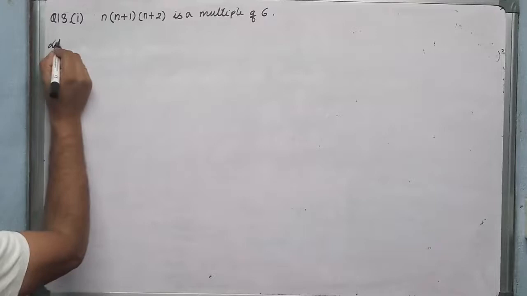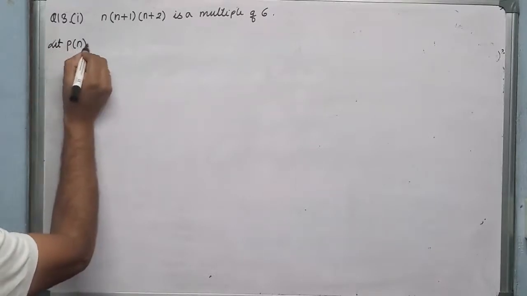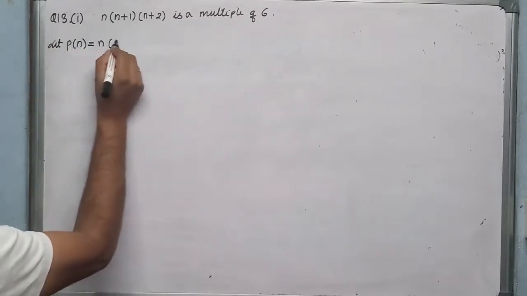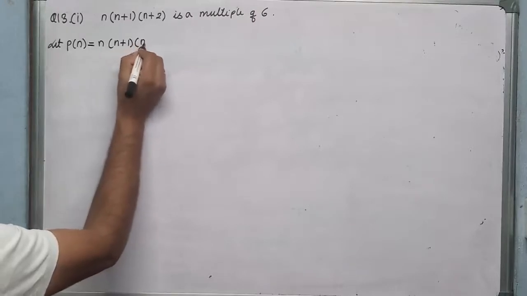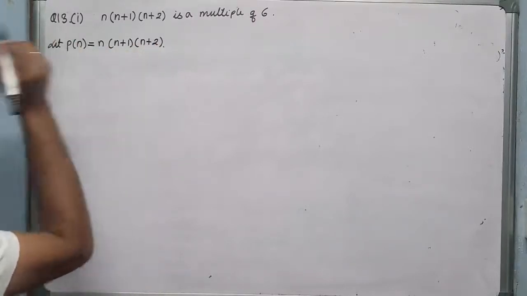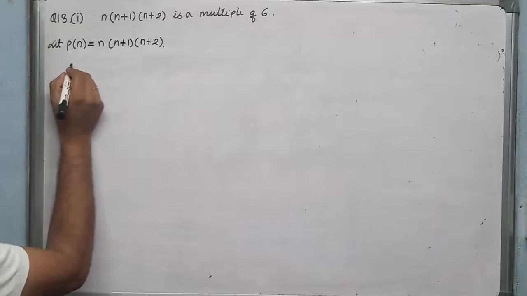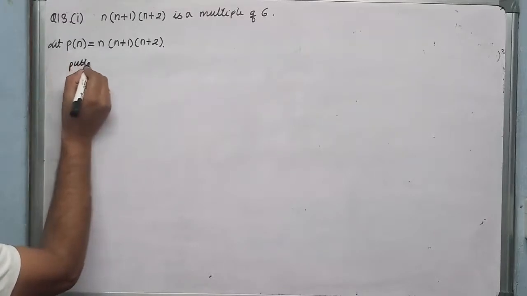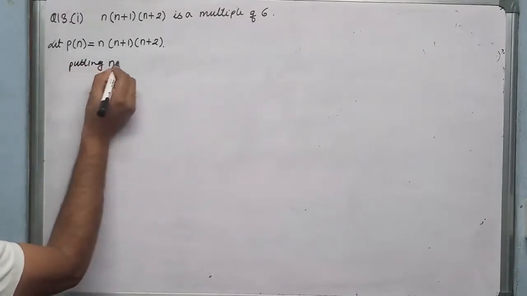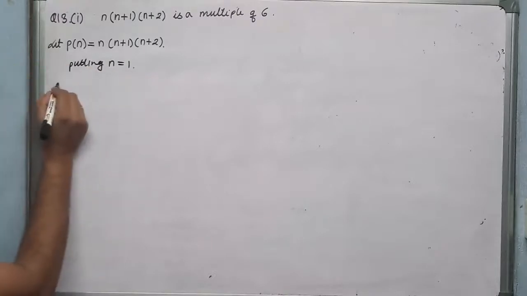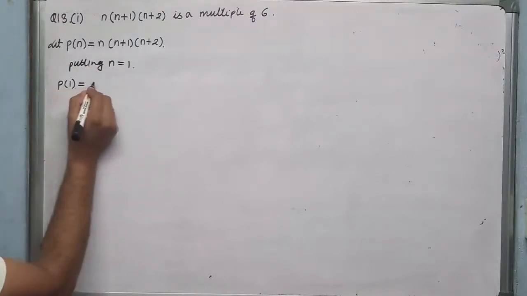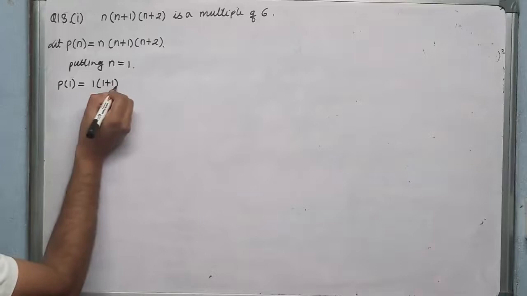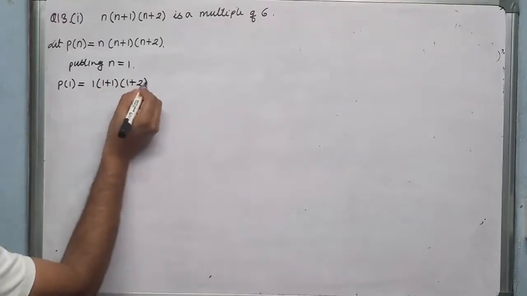Now I'll consider that Pn is equal to n plus 1 into n plus 2. Now the first step that I'll apply over here, putting n is equal to 1. Then P1 is equal to 1 plus 1 into 1 plus 2.